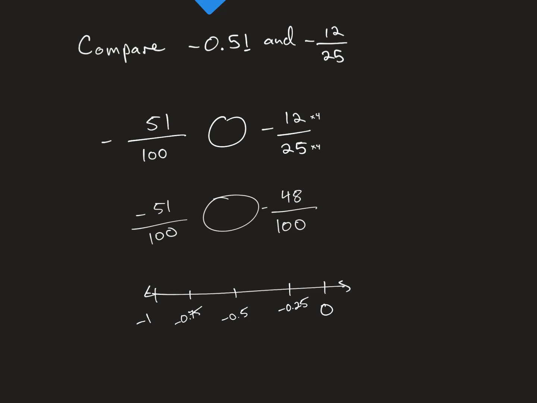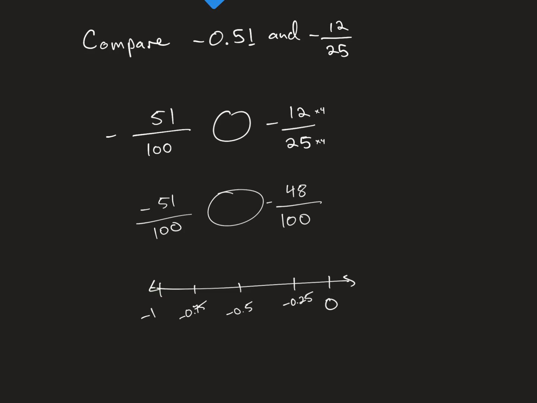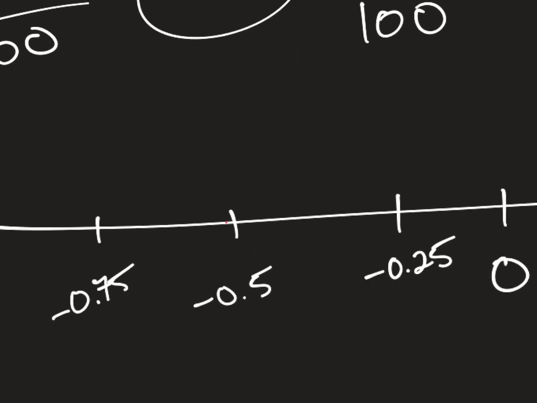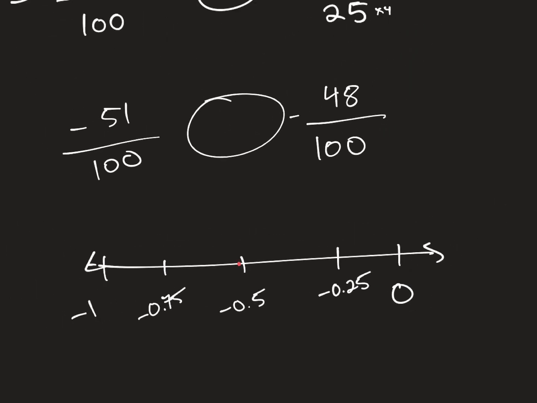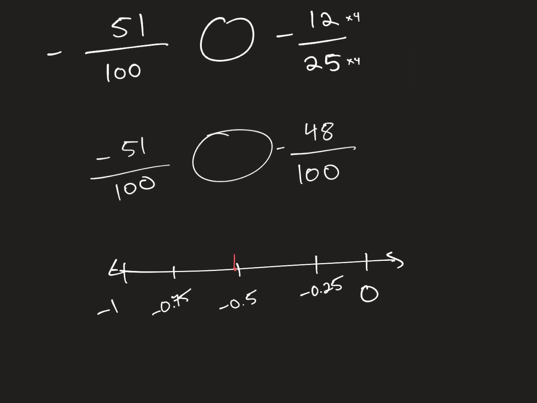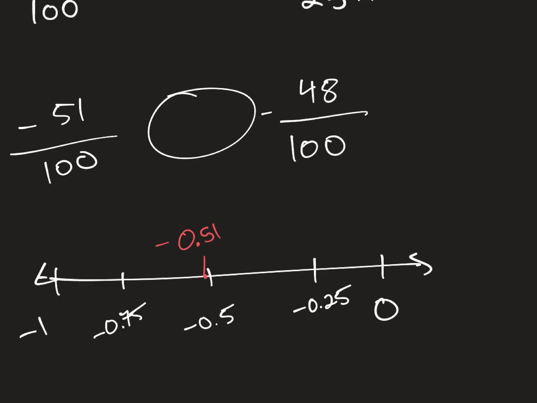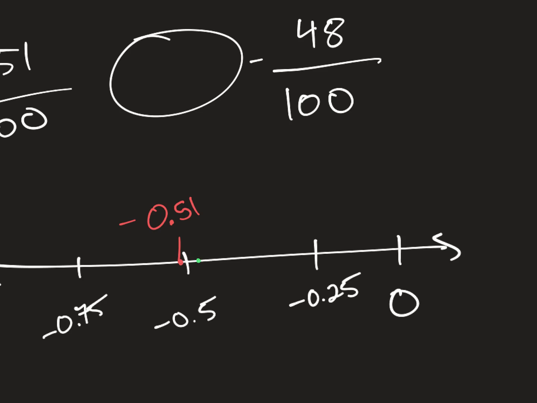Well, I got negative 0.51, and that is right about where this guy is. But I have to remember my original, negative 0.51 is right about there. And then my negative 48 hundredths is just before, and we're talking very, very small numbers.